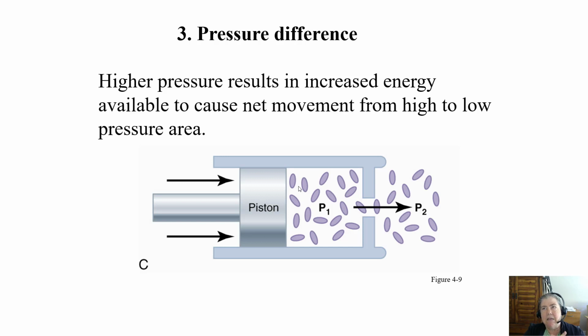An example of this would be in the kidney, where in the glomerulus, the pressure in the capillary is higher than the pressure in the glomerular space, and therefore fluid and electrolytes, things that easily move across the cell membrane, get pushed, and there's net movement from the high pressure to the low pressure area.